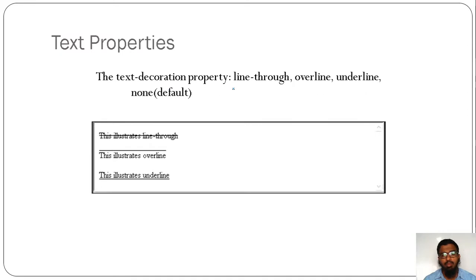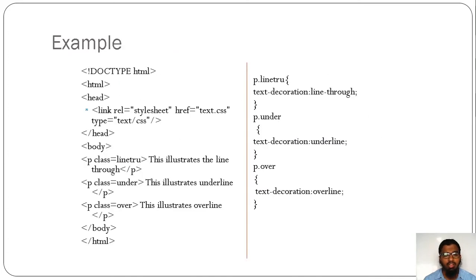The text-decoration property values are line-through, overline, underline, none. If you want strike through, that is line-through, overline means above the sentence, and underline means below the sentence. For that you need to write the code like this.